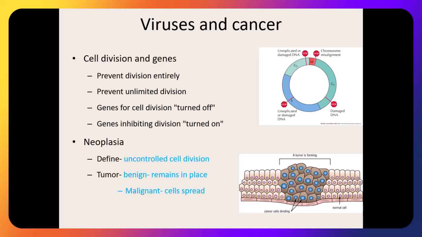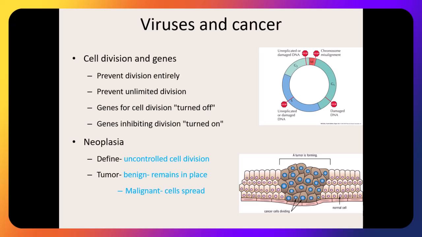We've got genes that can prevent unlimited division, which means we've got genes that will allow cells to reproduce and replicate, but only for a short time. We've got genes that control cell division overall that we can turn on, and we have other genes that inhibit cell division that we can turn off, and then we've got genes that inhibit or stop division that we can turn on. We have a lot of genes.